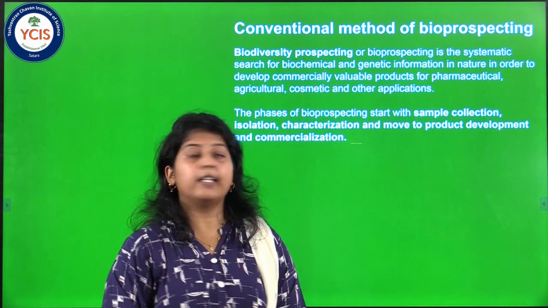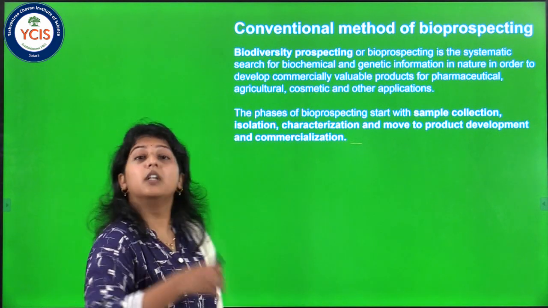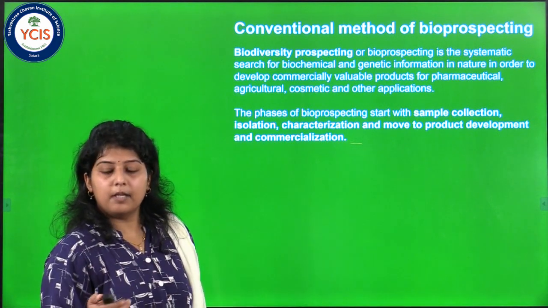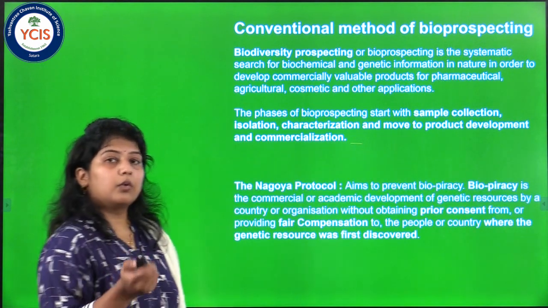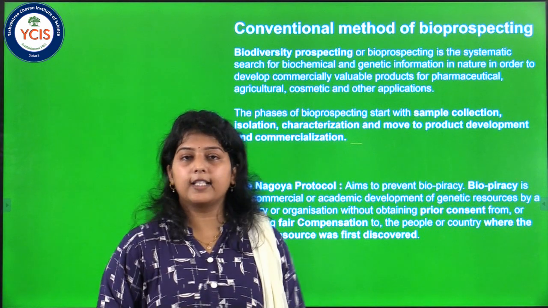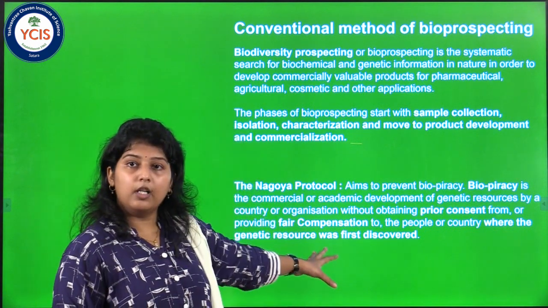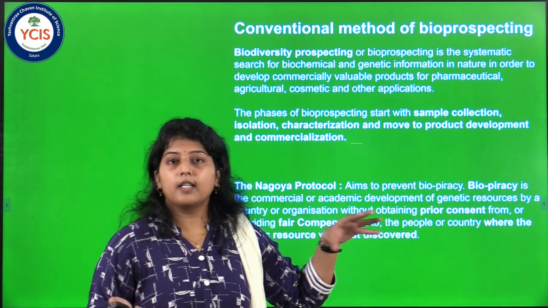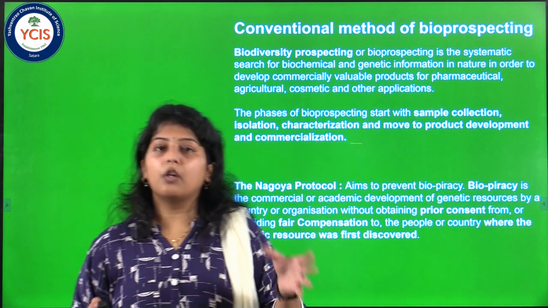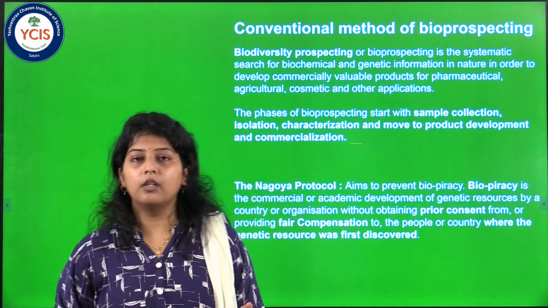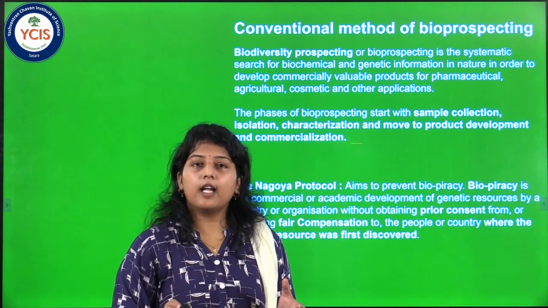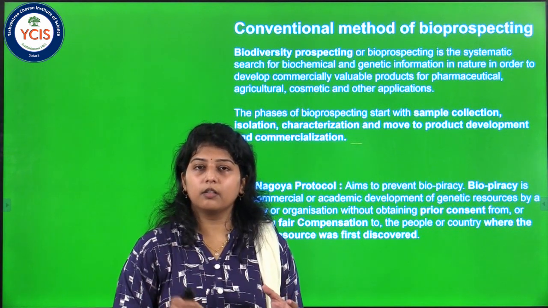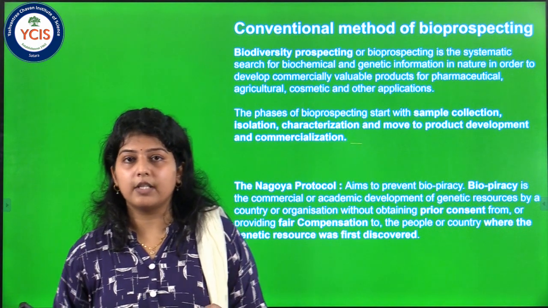Again, an important term you have to know with respect to bioprospecting is the Nagoya Protocol. This protocol was made legally binding to a lot of nations in the world. It makes sure that there is regulation of access to the genetic information of various nations, and that there is fair and equitable sharing of the utilization of those bioproducts.